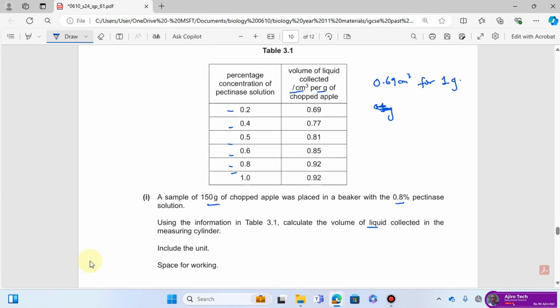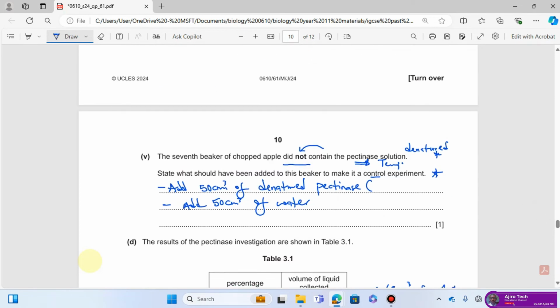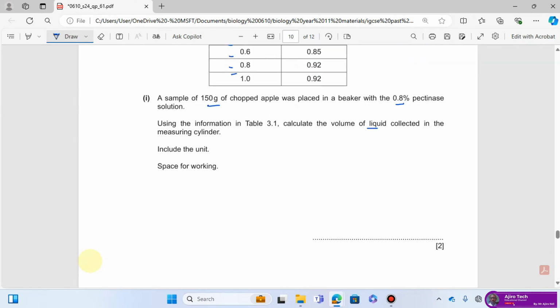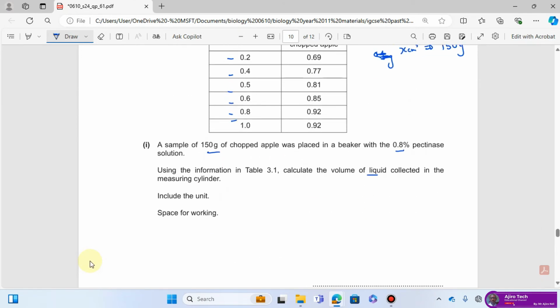So we are asked to look for how much volume will be collected for 150 gram. Okay, that's what we need to do here. So we say if 0.69 is collected for 1 gram, 150 gram, we collect what?